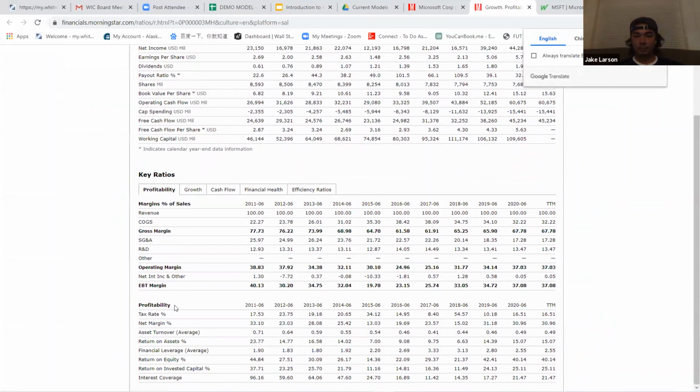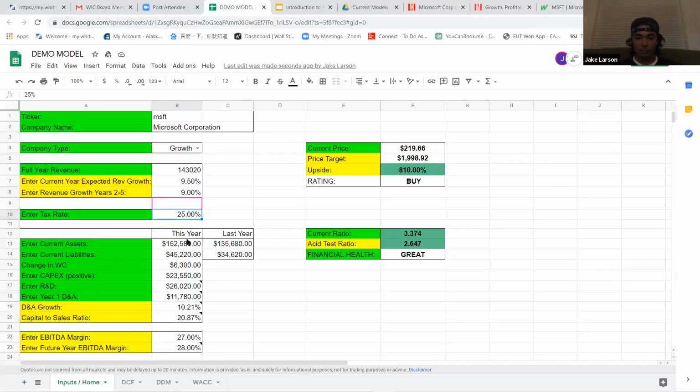It will give you information about the tax rate that the company had over about the past 10 years, I believe. Here we are going to use the tax rate reported in its latest annual report, which is 16.51.